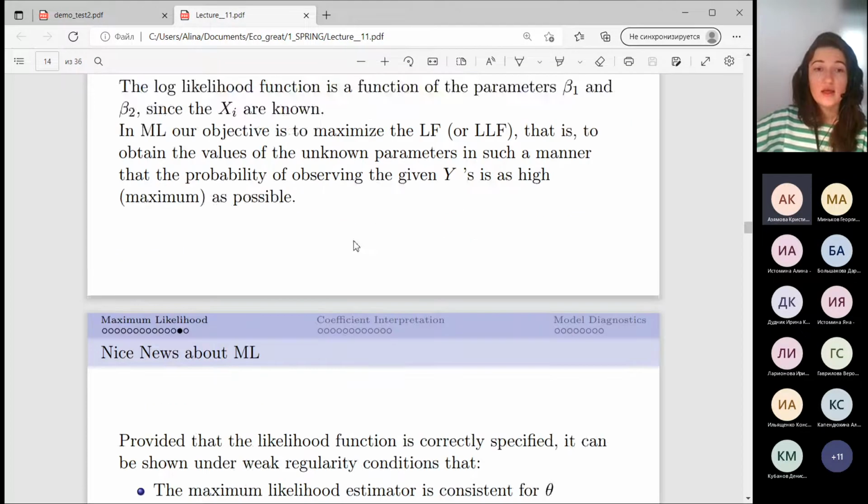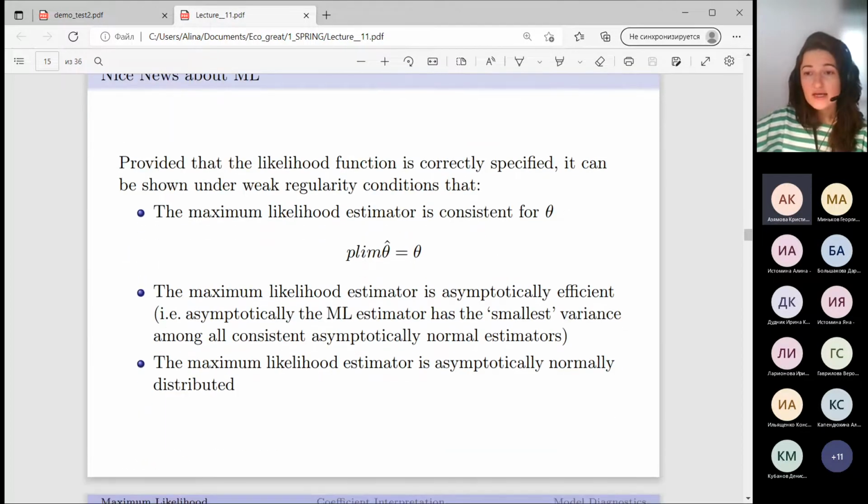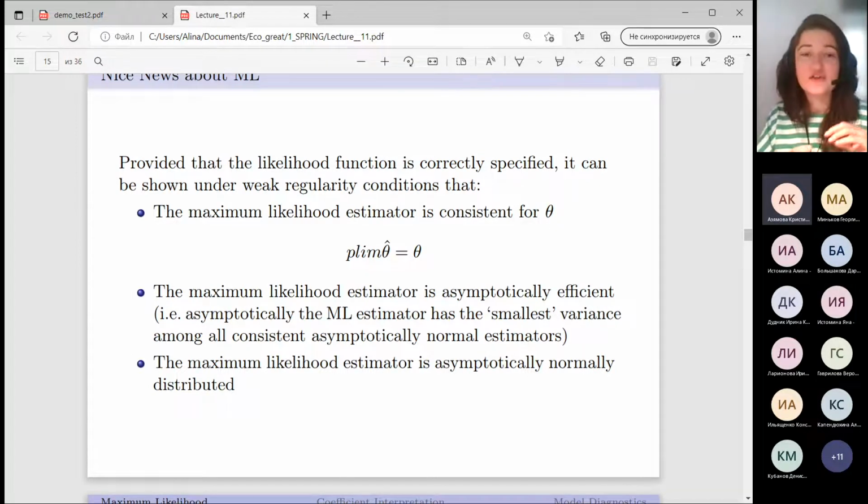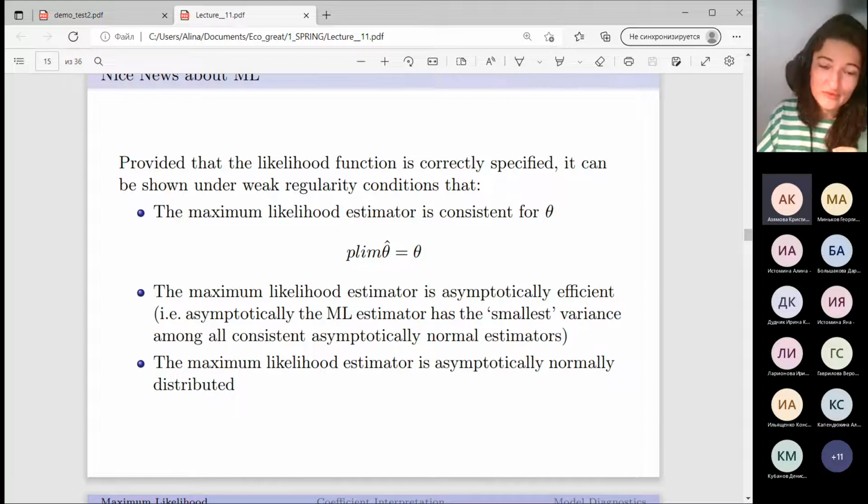Okay, so nice and very pleasant news for you. Of course, the first news is that you don't need to do this manually. It's not very simple to do this, especially if you work with probit models. It will be very hard to calculate all this manually.